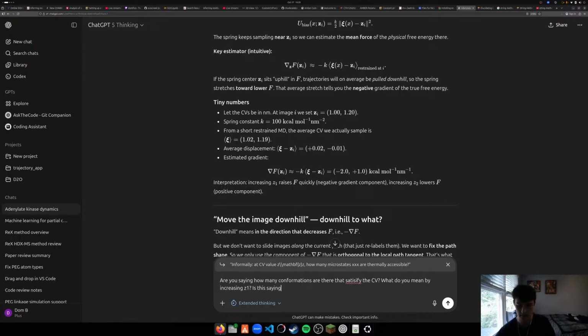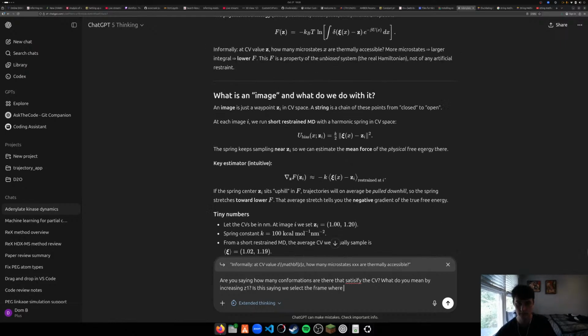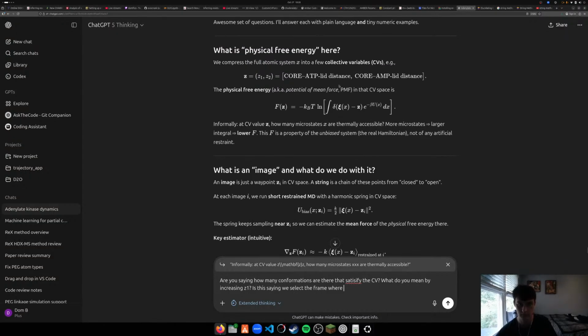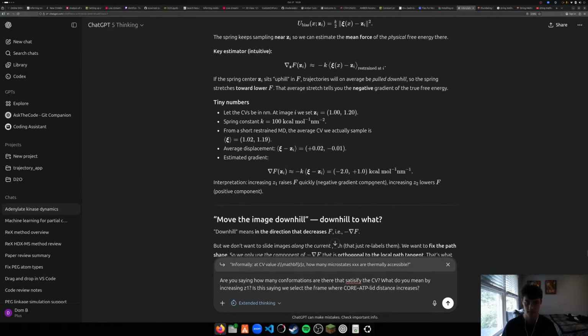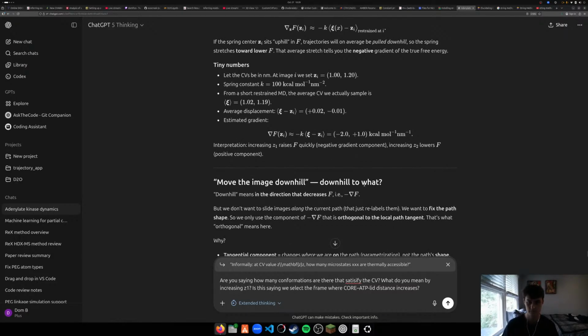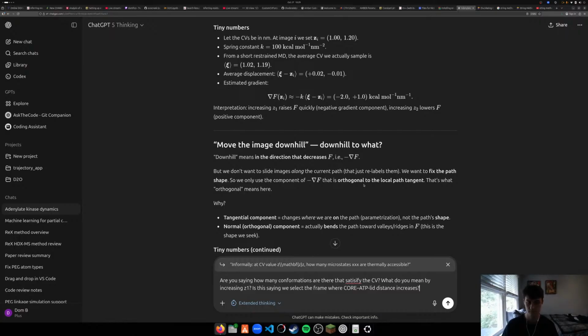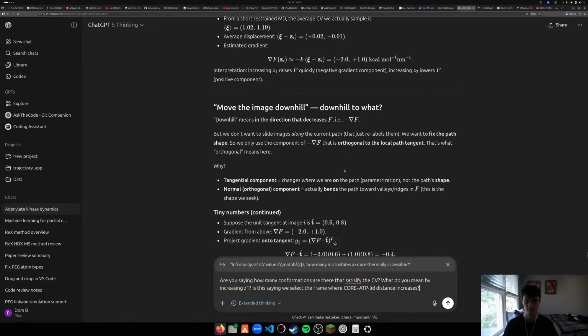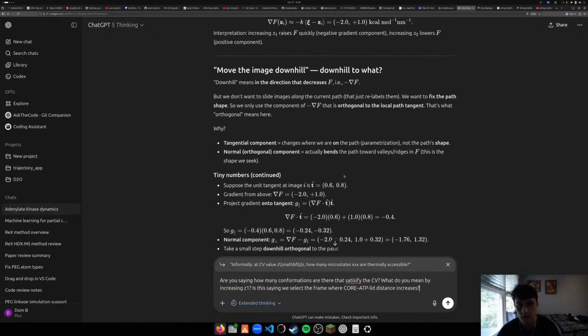Is this saying we select the frame where the core ATP lid distance increases? Downhill means the direction that decreases F.